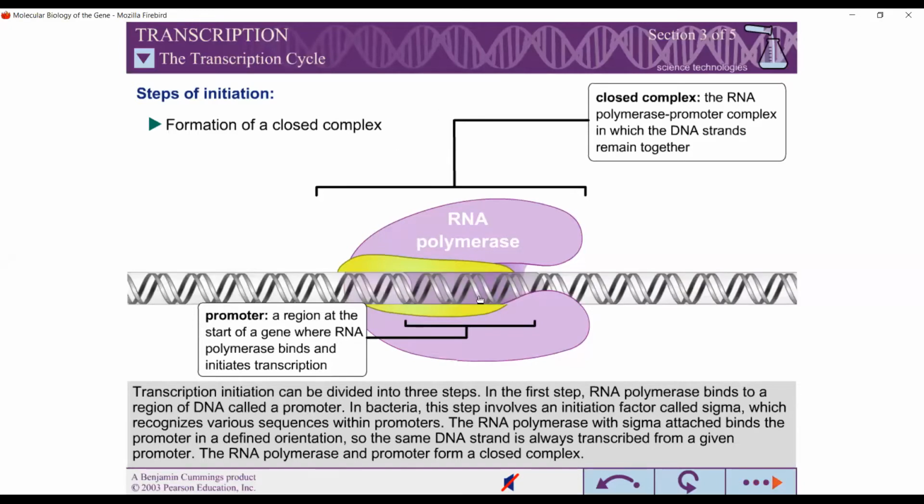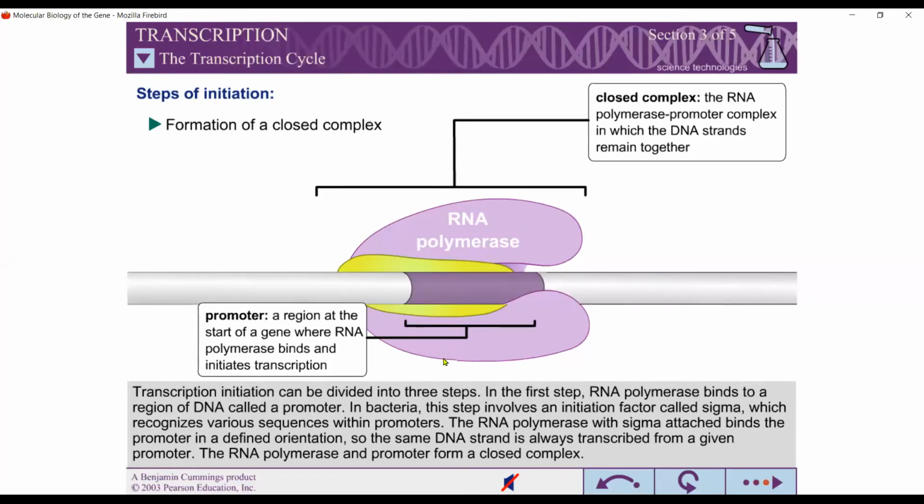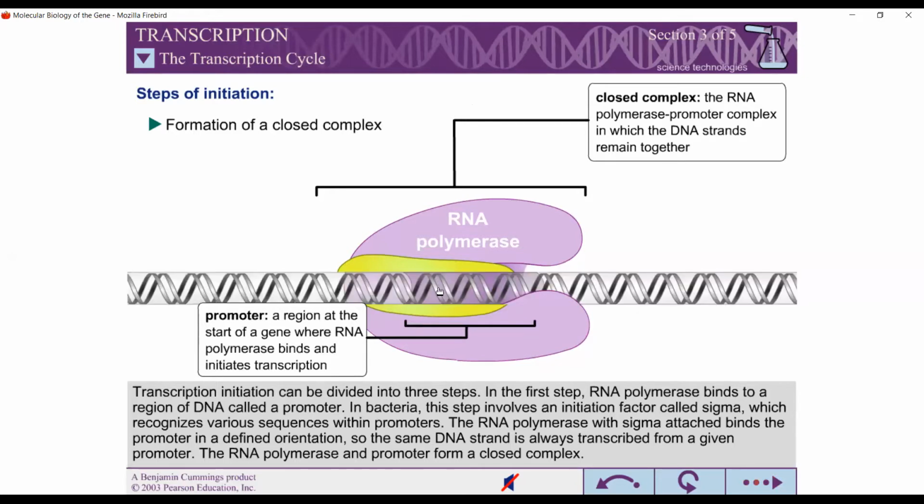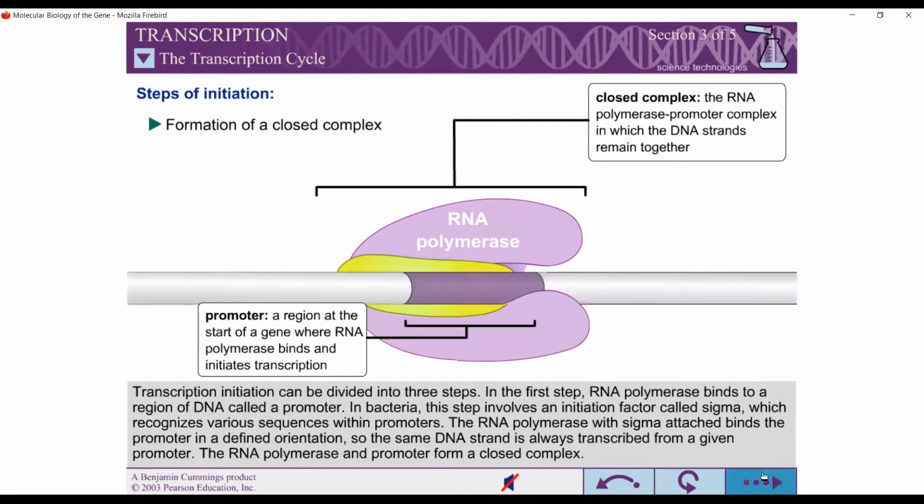And further remember, this complex, the polymerase, has identified the promoter with the help of the sigma factor and is sitting on the promoter, and yet the double helix has not unwound. So we are seeing that the double helix has not opened up. This is the closed promoter complex, as I had discussed yesterday.